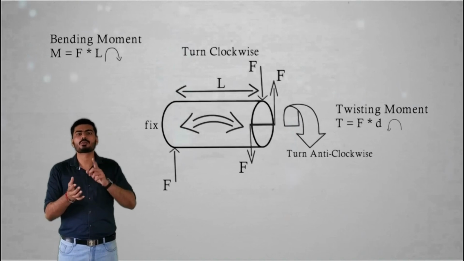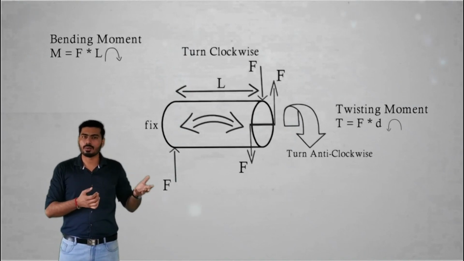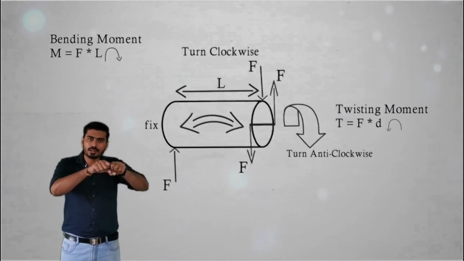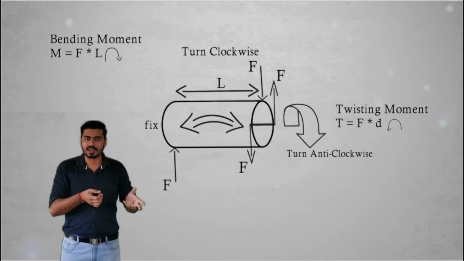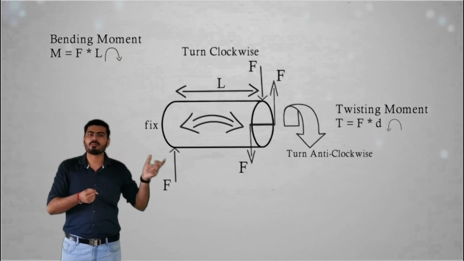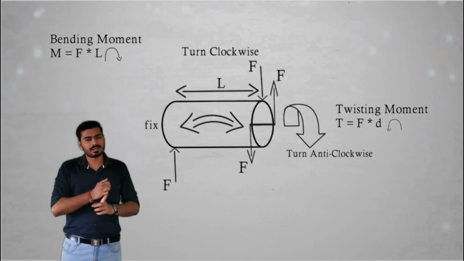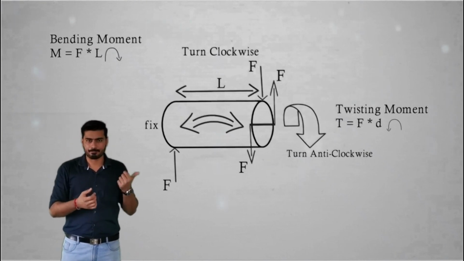Due to the prohibition of the rotation, the effect of this couple will be the bending effect. It will try to bend the body like this. Due to this effect, we will call this type of moment of the couple a bending moment, and the bending moment can be represented by M.